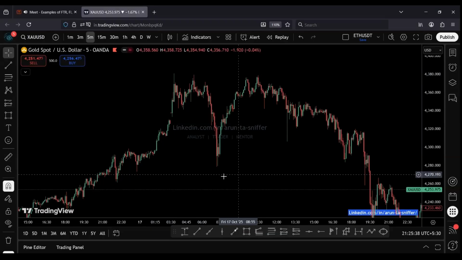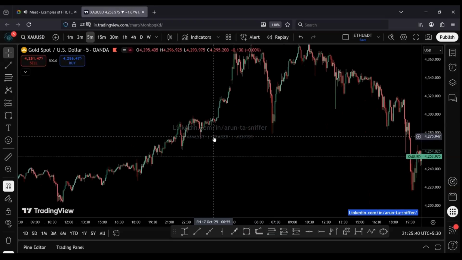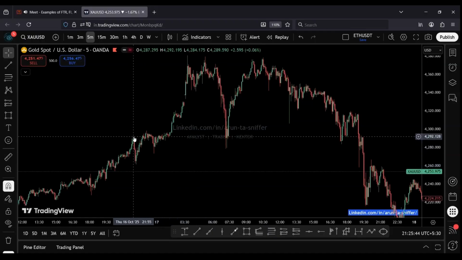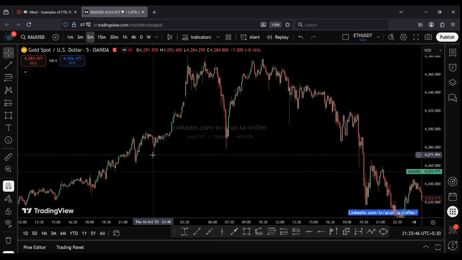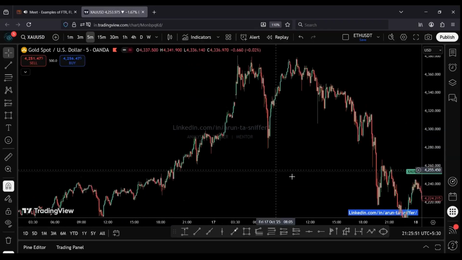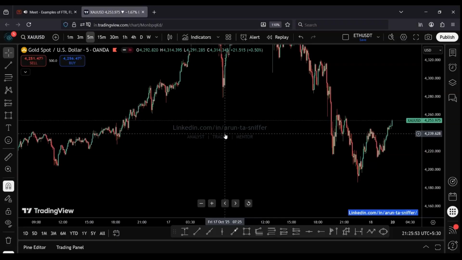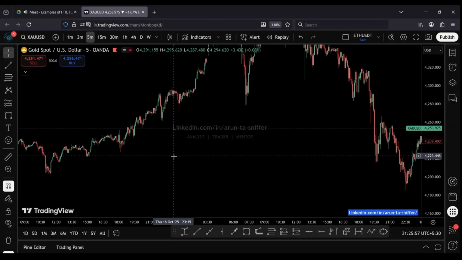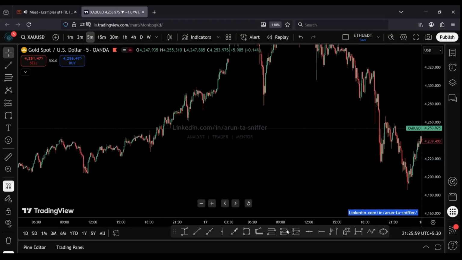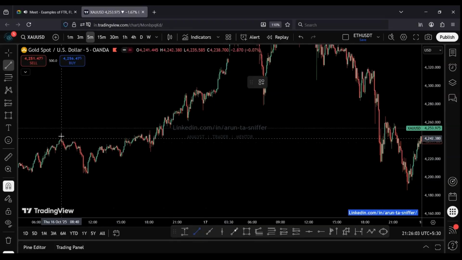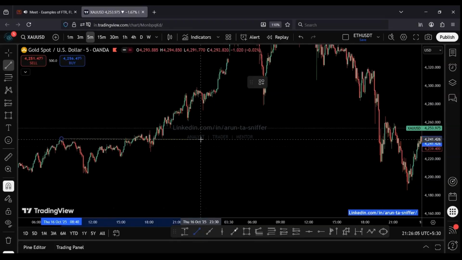So this is the FTR, and it can go up. 5 minutes. Look at here, price goes up, came down, and we draw this.